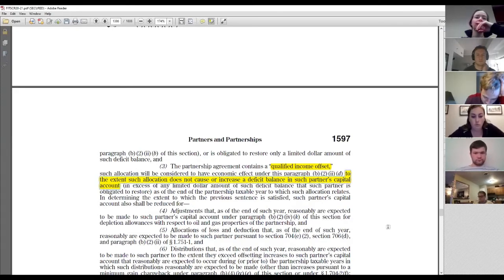So again, imagine a bank account where if you overdraw, you don't have to restore the negative bank account. That's kind of like what we're dealing with here. Well, if your bank account goes down from $10 to $2, you feel that. If your bank account goes down from $2 to negative $1, you feel $2 of that.